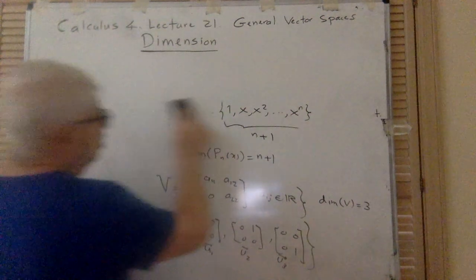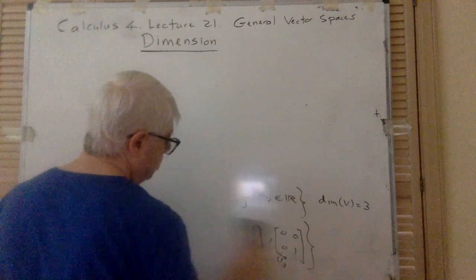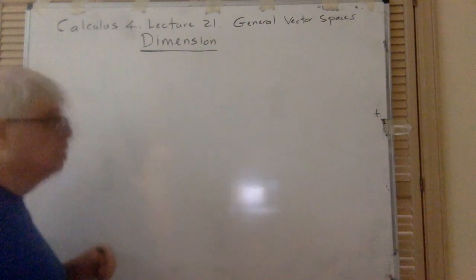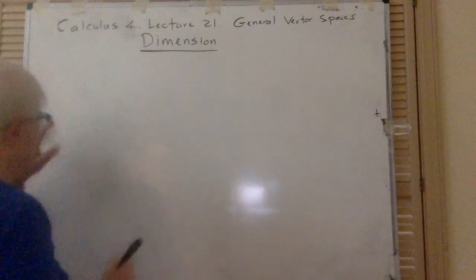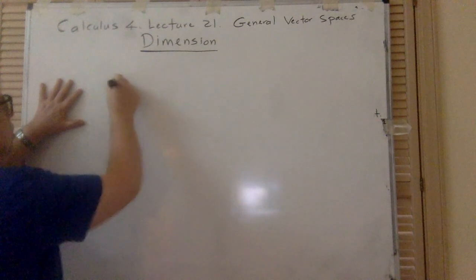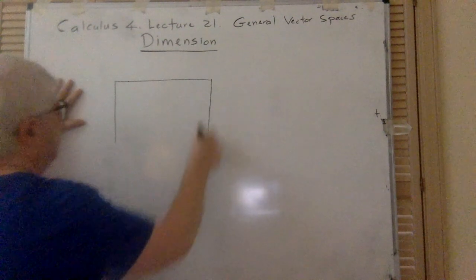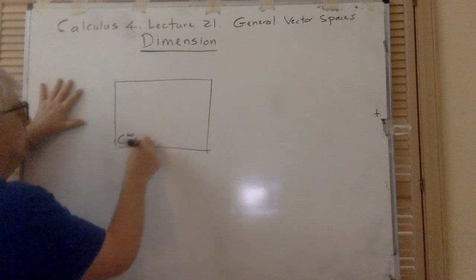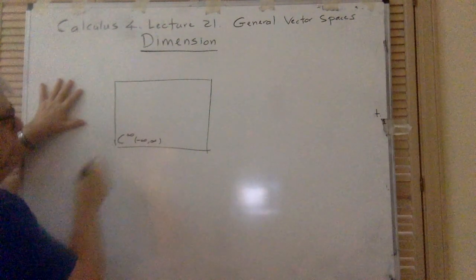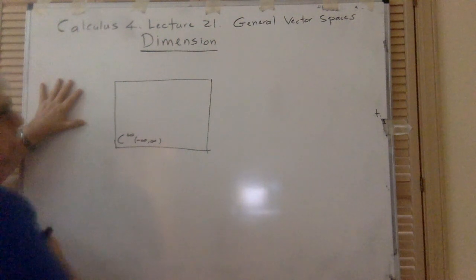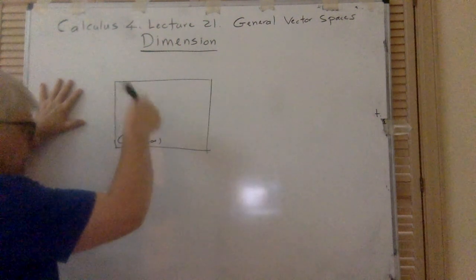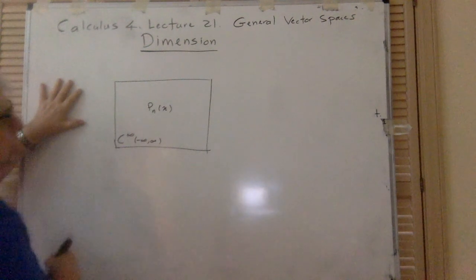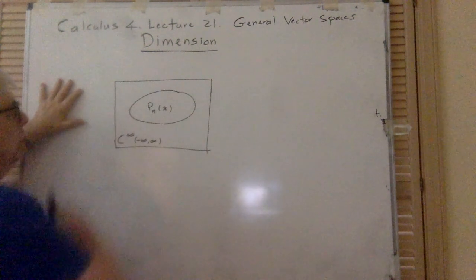Now let's look at the function spaces. Remember, I had the function spaces. There was one function space, C infinity of minus infinity to infinity, which was functions that are infinitely differentiable. Now, inside this, every Pn(x) was included, for any n.